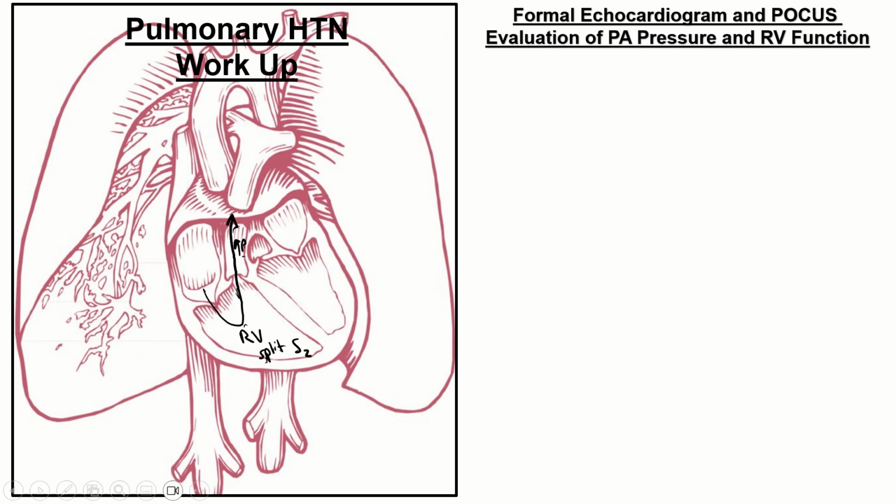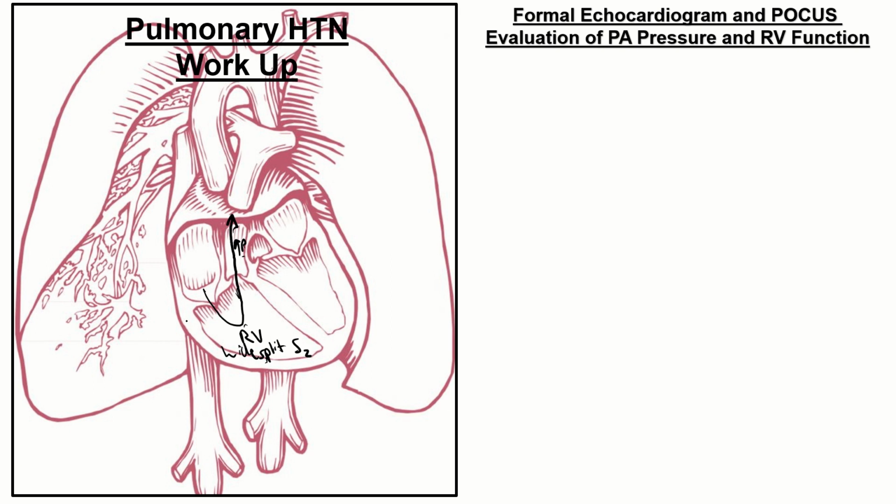Remember, the pulmonic closure should be after the aortic closure, but these patients have an even harder time getting their blood out because of that increased pressure in the lungs. It takes even longer. They have a wide and split S2.